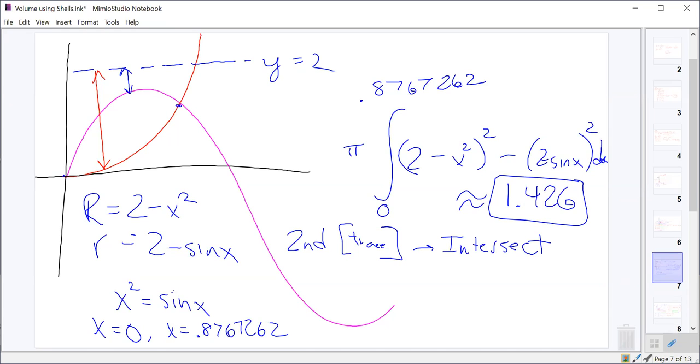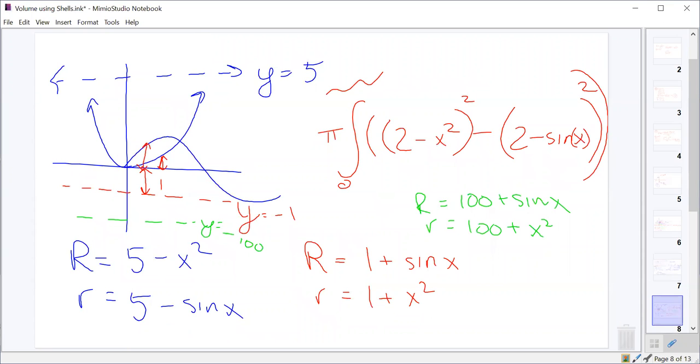Then it should say guess, and hit enter again. And it should get the value at which they intersect. Oh, okay. Cool. No problem.